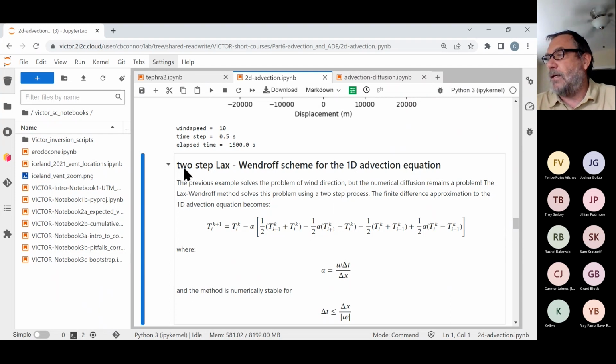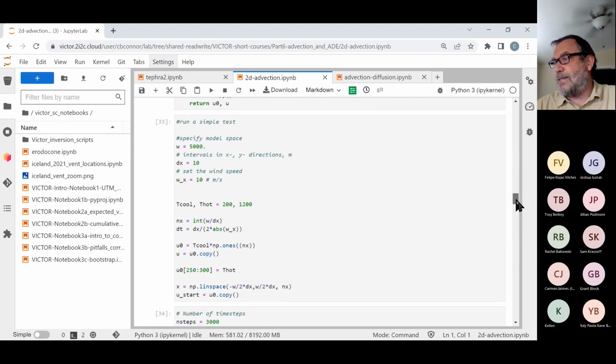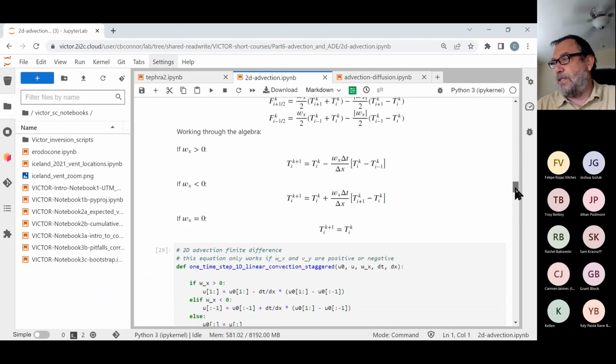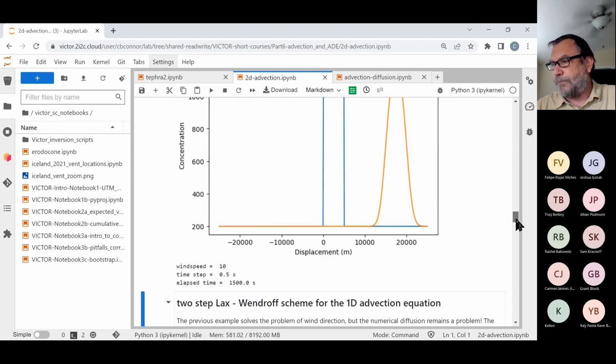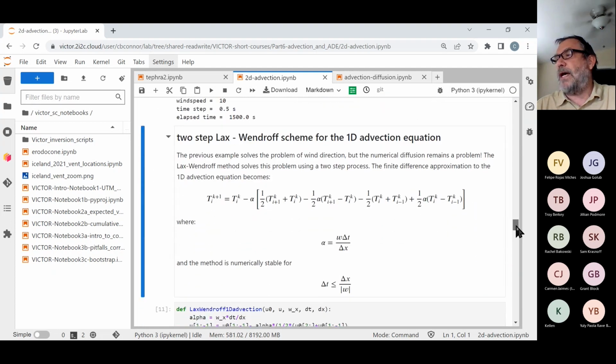There's a method invented in the 70s, I think, maybe early 80s, the two-step Lax-Wendroff scheme. And here I've written it out for the 1D advection diffusion equation. So basically, this is the same thing. I'm going to implement a different version of this model using the Lax-Wendroff method. And I got this equation out of a book called Numerical Recipes.